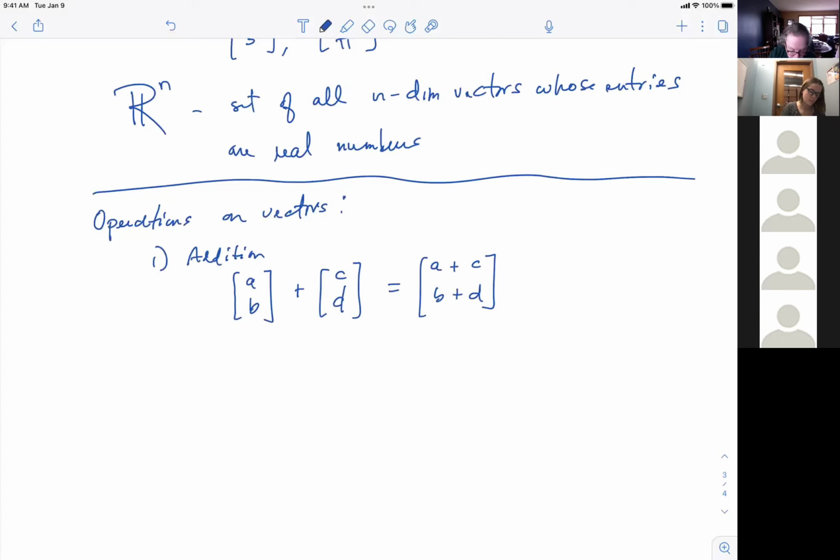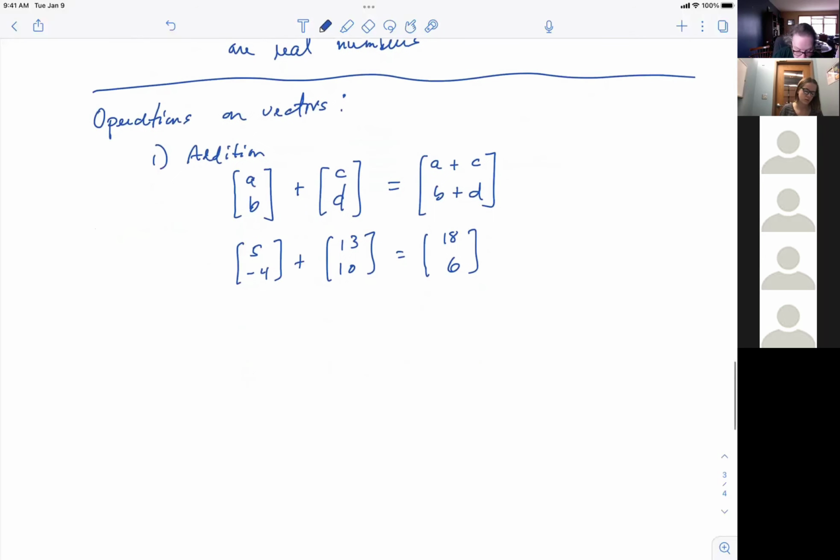Okay, so for example, if I have (5, -4) plus (13, 10), what do I get? I get 13 plus 5, that's 18, and -4 plus 10 is 6. So that's how that works. This works no matter how big your vectors are.